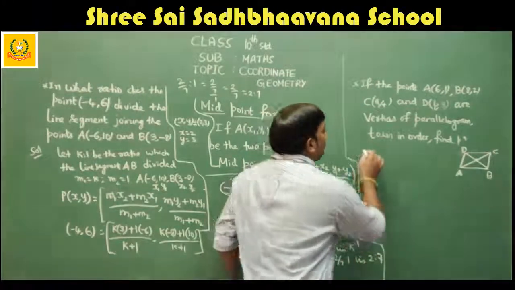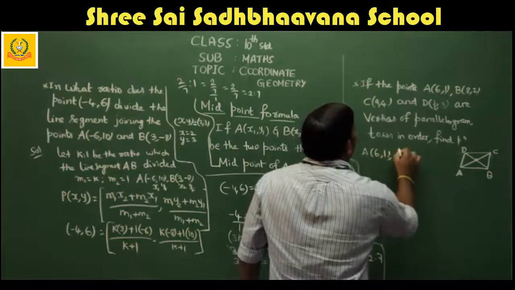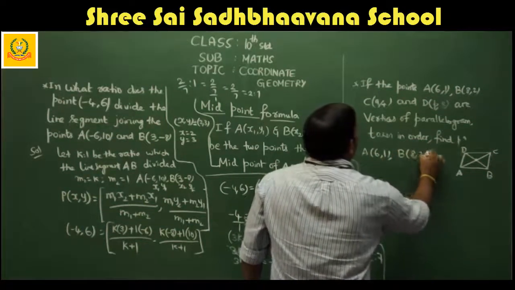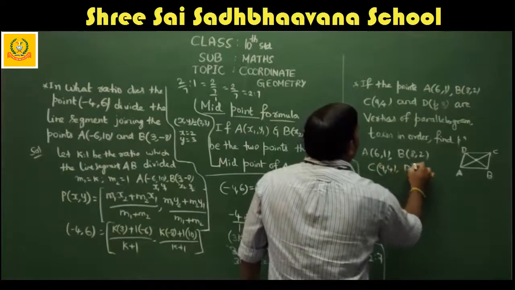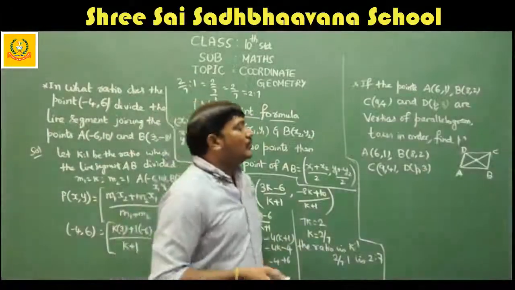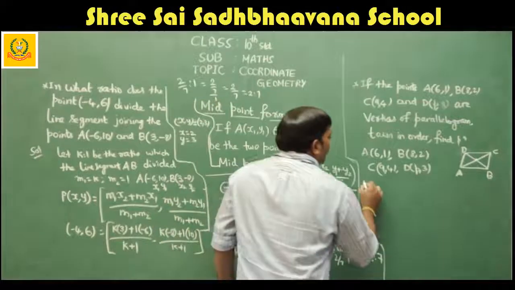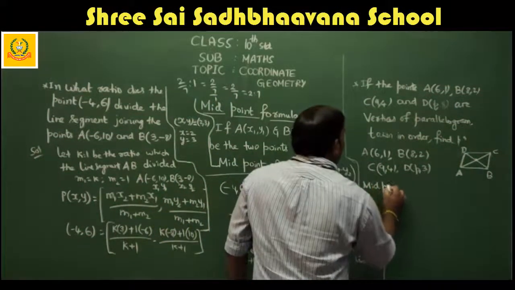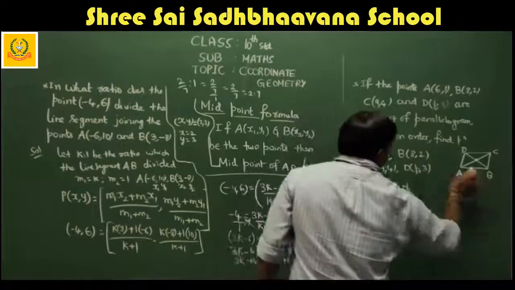So we know A here is (6, 1) as given, B is (8, 2), C is (9, 4), and D is (P, 3). So these are the vertices given. According to the properties of a parallelogram, take the midpoint of the diagonals, don't take the midpoint of sides.